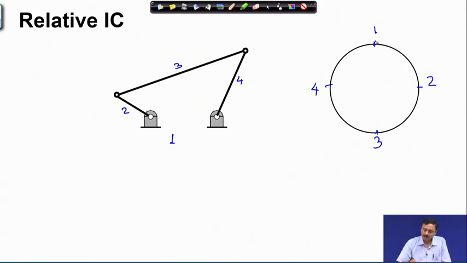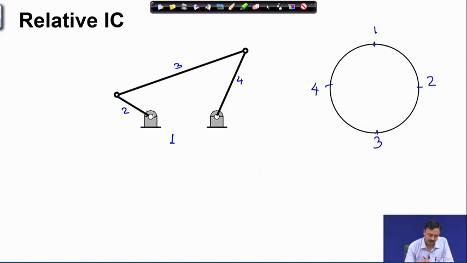I will join the two points if I exactly know the relative IC between those two bodies. So, on the circle, as you realize, I have marked out exactly the number of links I have, and if the relative IC between two links is known, then I will mark that on that circle diagram.